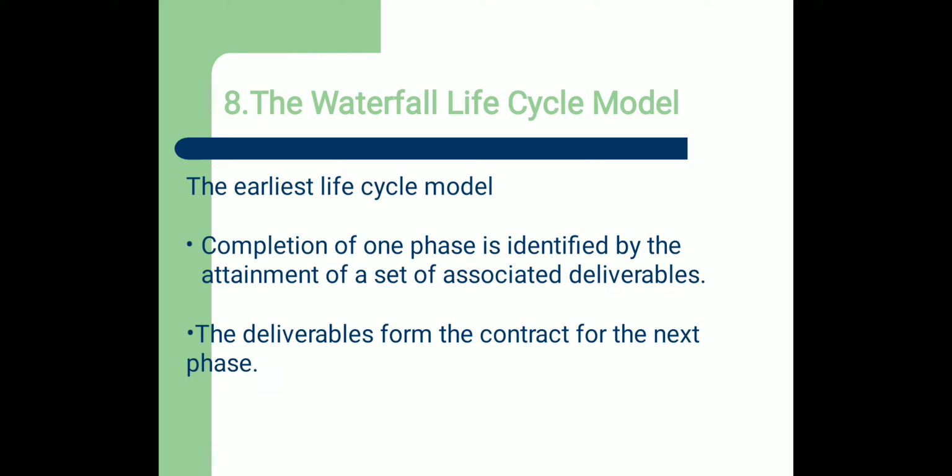In each stage we complete some of the stages to achieve the goals of a project. The deliverables form the contract for the next phase. If phase one is completed, we go for phase two; that is called the deliverables form the contract for the next phase.